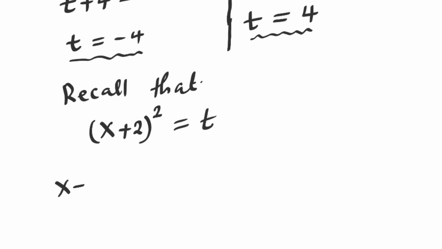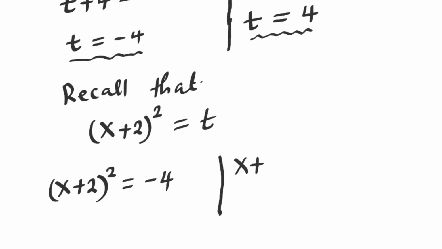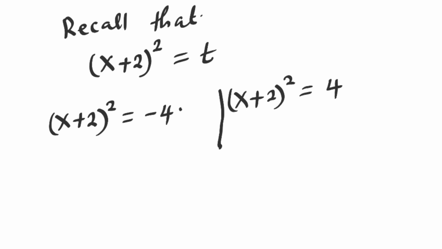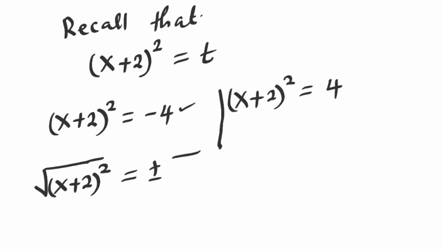Then (x + 2)^2 is equal to negative 4, and (x + 2)^2 is equal to positive 4. Now let's solve this. Let us take the square root of both sides of this equation. We have the square root of (x + 2)^2 is equal to plus or minus square root of negative 4.